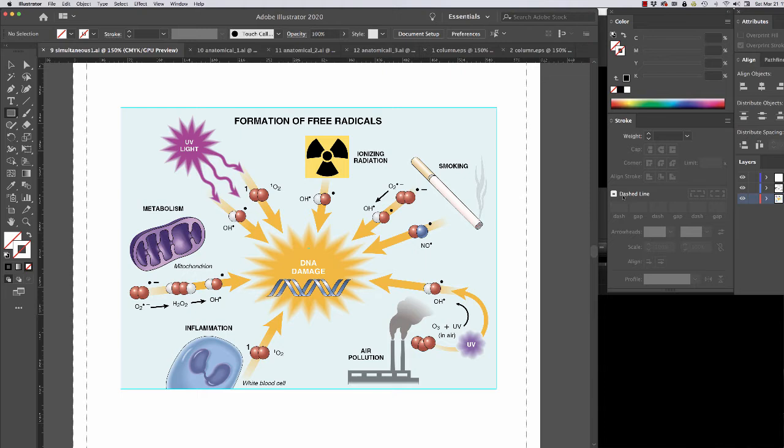But then there are things from our environment like UV light, smoking, pollution, and so forth that produce free radicals in the atmosphere. And ultimately, all of these things lead to DNA damage in the cell. So we have multiple simultaneous processes all leading to a similar result.